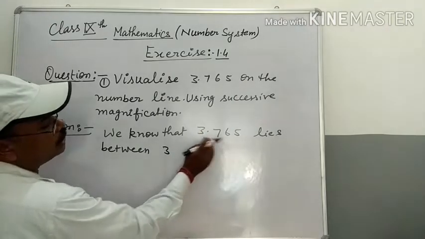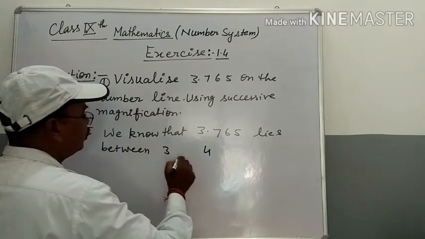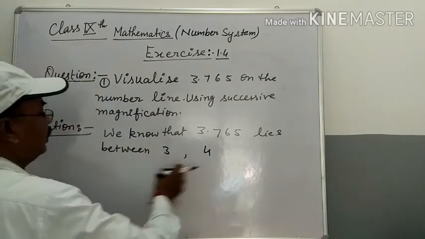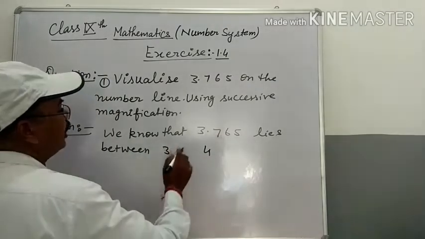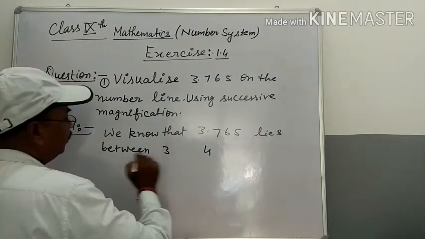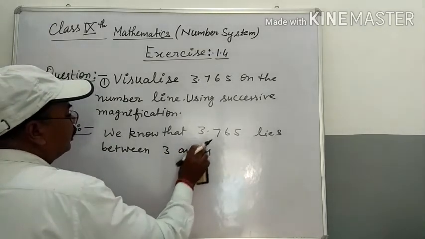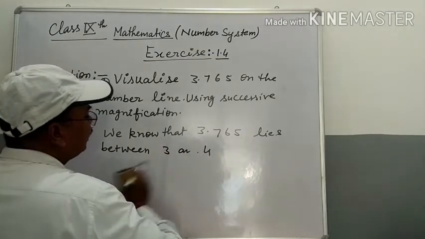Above 3, it is more than 3 and less than 4. It means 3.765 lies between 3 and 4.